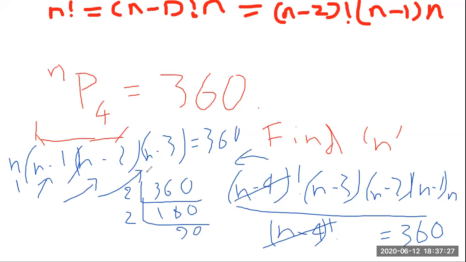So if you do 45 times, and this is going to be 3 and 5.